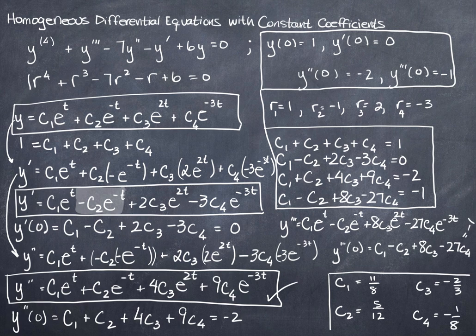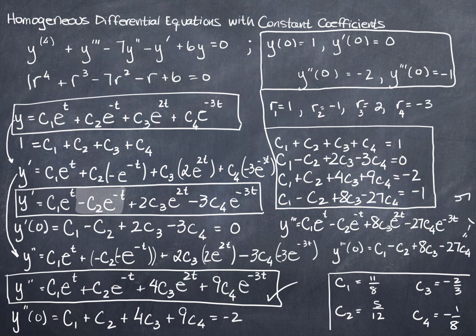So in a perfect world, I would take this equation and replace each of these coefficients with the values I now know that they are. I'm not going to do that here primarily because I don't want to erase the whole screen. I mean, I don't mind erasing it, but I kind of want to leave it as a record of what we did. So I'm going to leave that there, and maybe I'll write the final solution up the side here. That way we at least have the result of all the work that we've done.